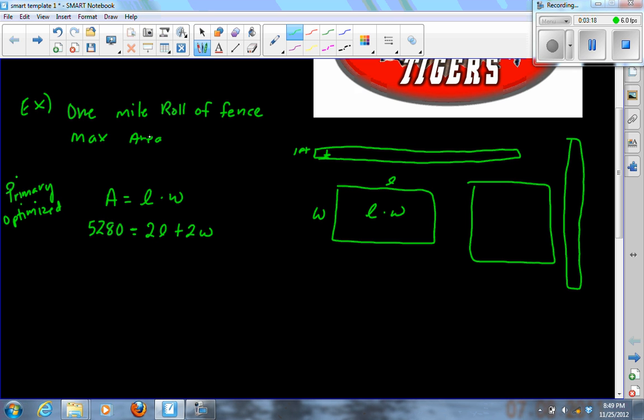Okay, so here are the steps for optimization. Number 1, you need to identify which equation is going to be optimized, and that would be this one. And step 2 is to use the other equation to eliminate a variable.